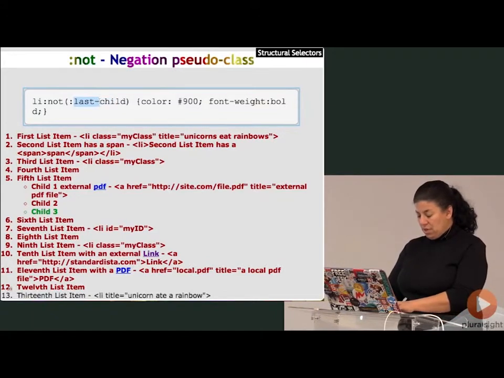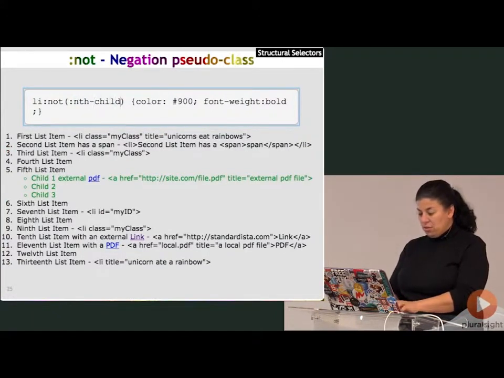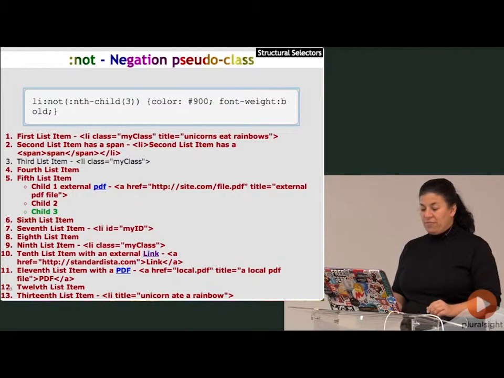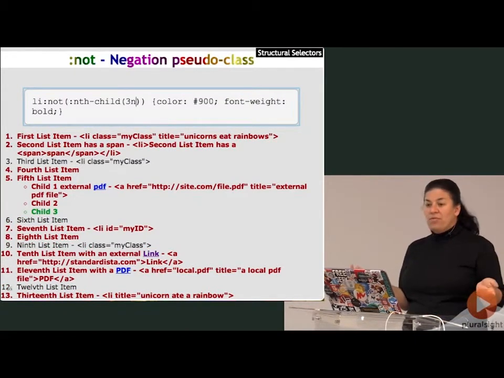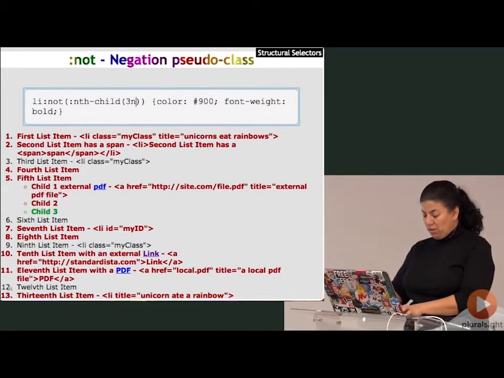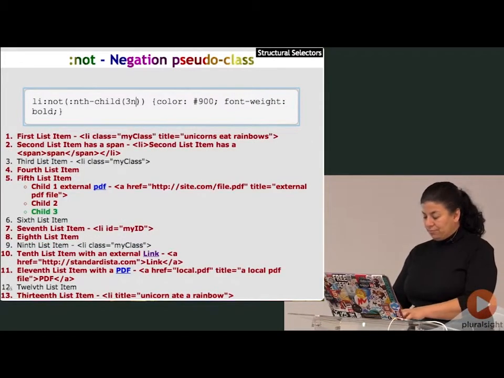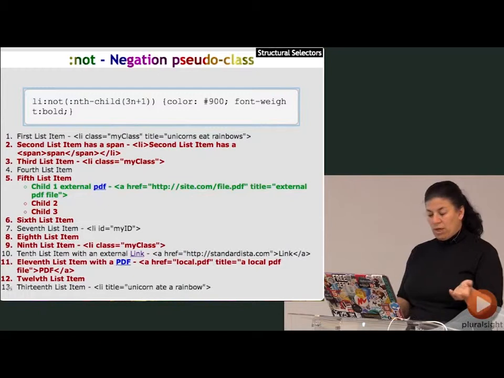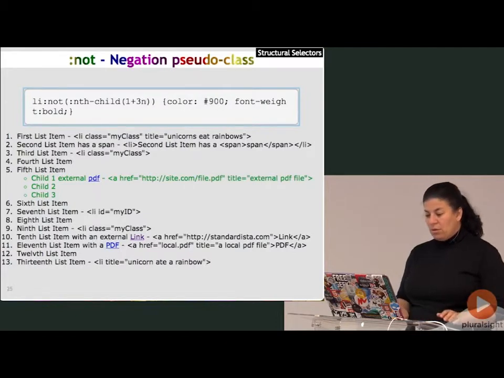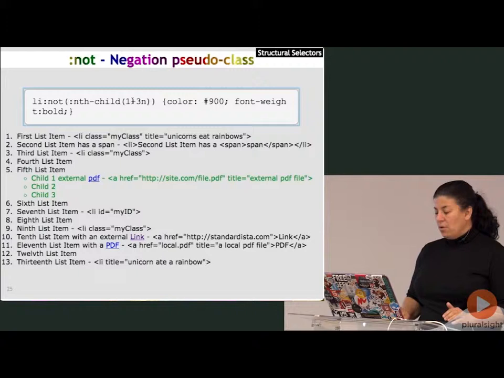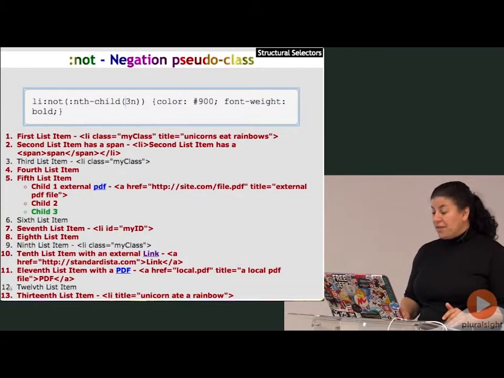I could have done nth child 3, so everything except for the third. 3n, anything except for divisible by 3, with an offset of 1. I'm just going to confirm that 1 plus 3n does not work. See how I remember when I said you had to put the n first? So that's omitting stuff.